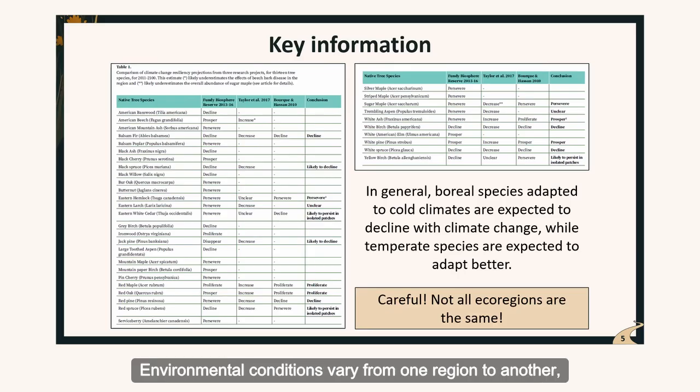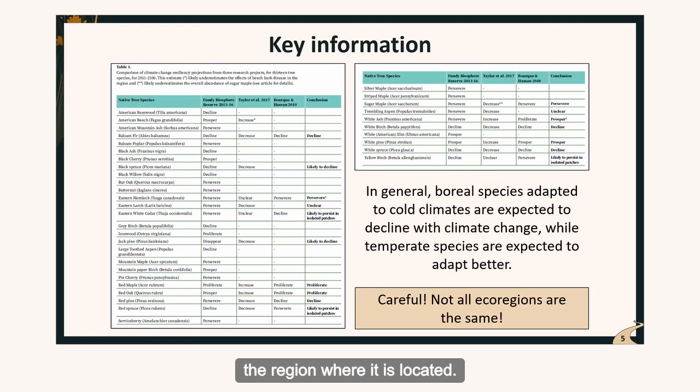Environmental conditions vary from one region to another. So, species' potential to adapt to climate change depends on its location and the characteristics of the region where it is located. Altitude, soil type, proximity to the coast. These are examples of factors that must be taken into consideration.